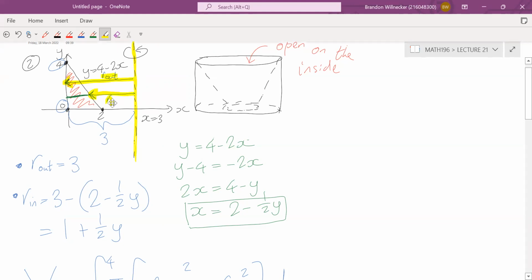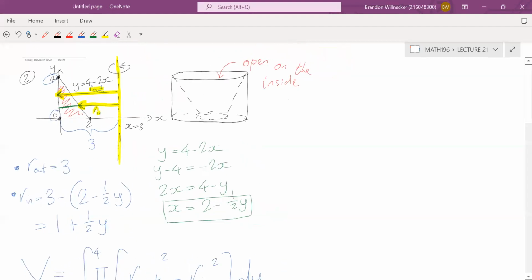It's just a bit more work finding them, but exactly the same as what we had last time. Okay, any questions on this one? Okay, so everyone's all right with this example.